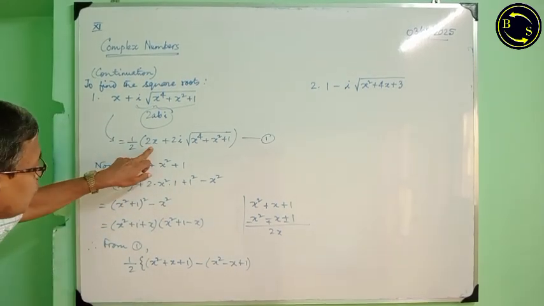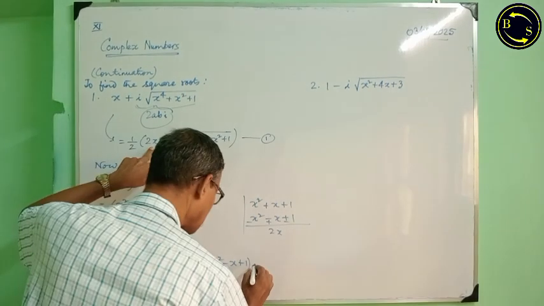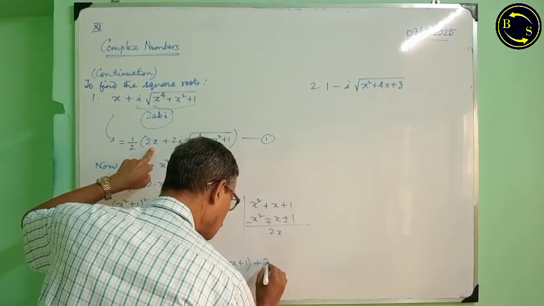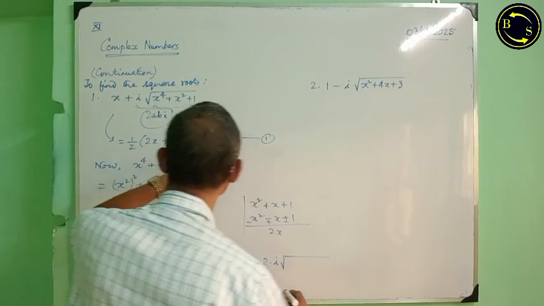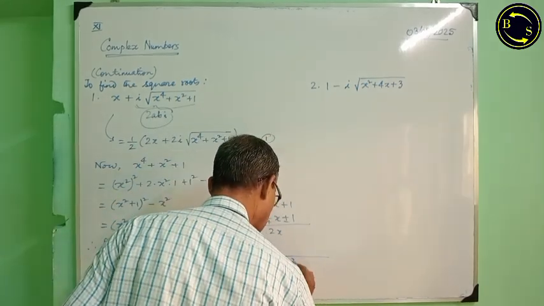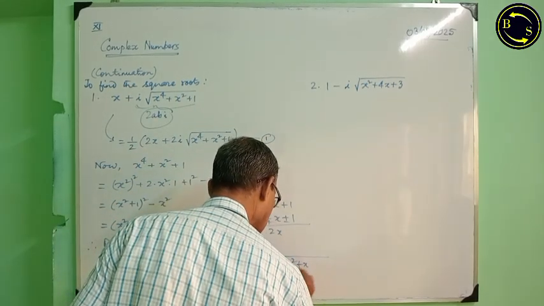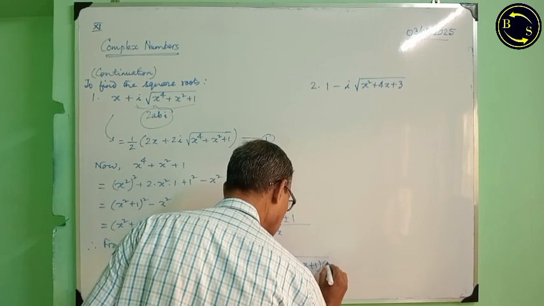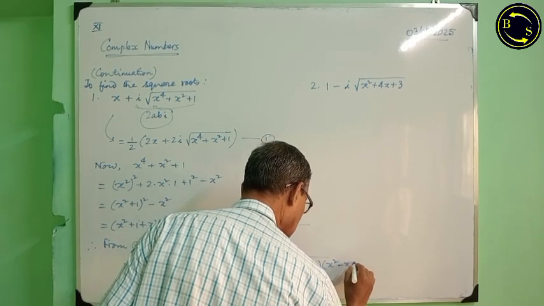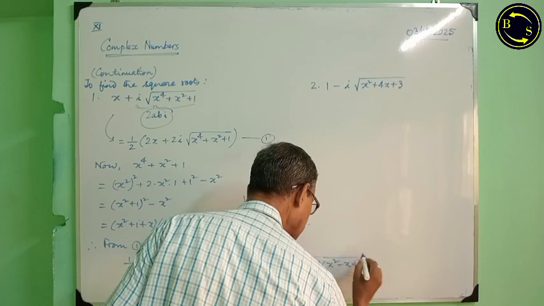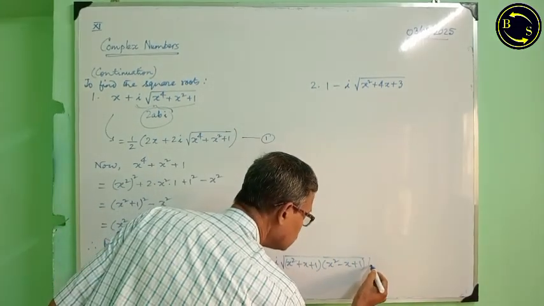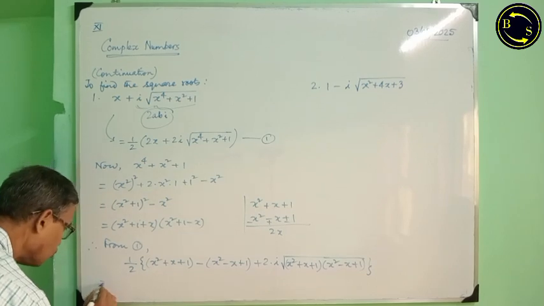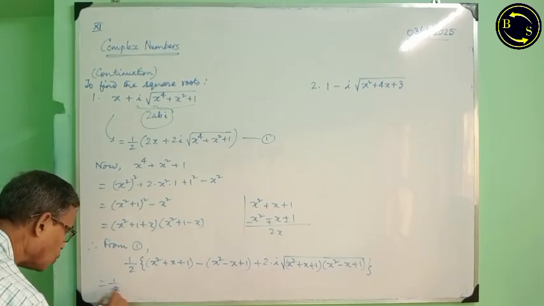Thus we have got 2x, then 2 into i into square root x square plus x plus 1 into x square minus x plus 1. One by 2.